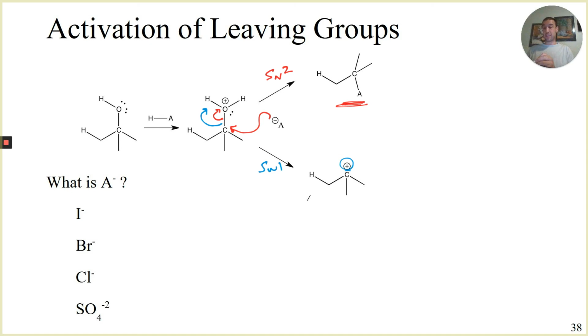Okay? The SN2 is now dead and out of the way, so we don't have to worry about that one, but the SN1 now becomes important. Deciding what happens with the SN1 or SN1 type, because really E1 follows that same mechanism, is going to come down to what A- is. If A- is a nucleophile, that's going to push the nucleophilic mechanism.